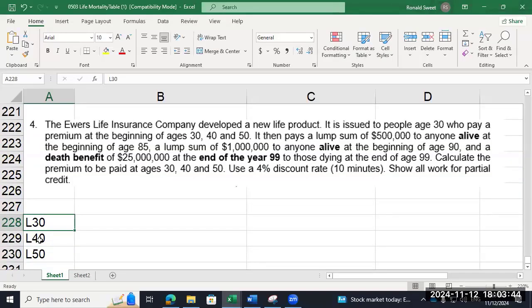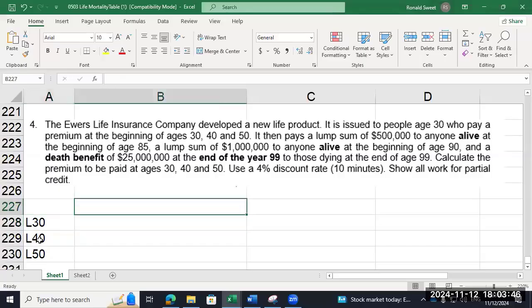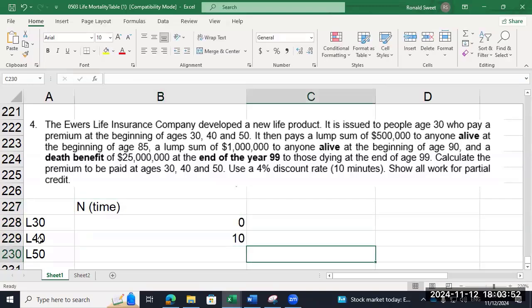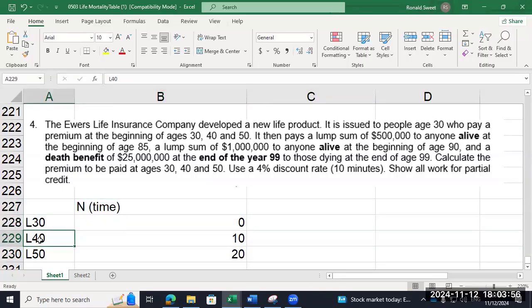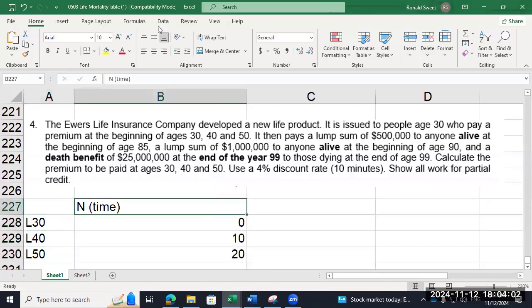It's paid at the beginning of the year. So in your time, this is going to be 0, that's going to be 10, and that's going to be 20. So you're going to discount these premium payers by 10 years, these premium payers by 20 years. So that's going to be pretty straightforward.